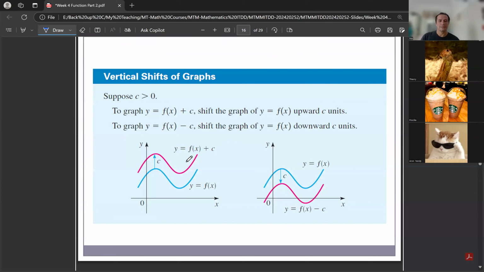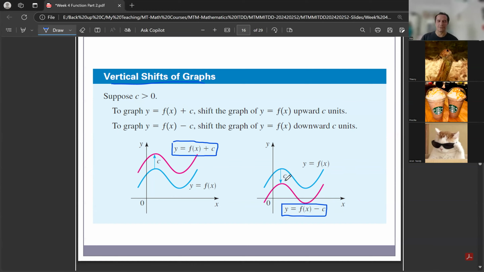And this is another illustration of vertical shifting. This is the original blue function, and this is the vertical shifting upward. And this is also the original function, and we shift vertically downward.